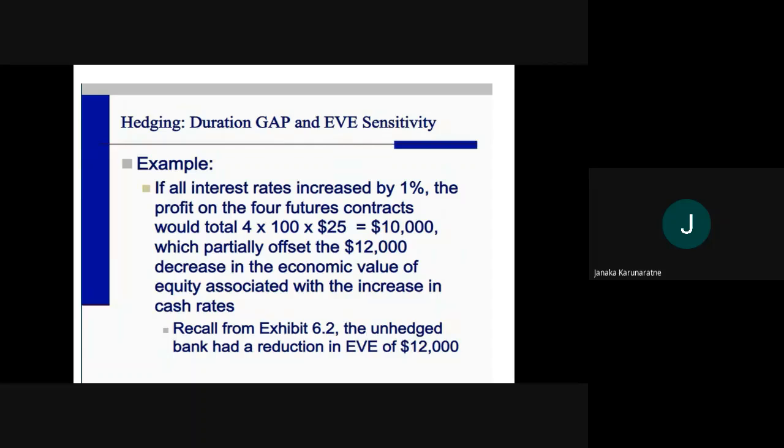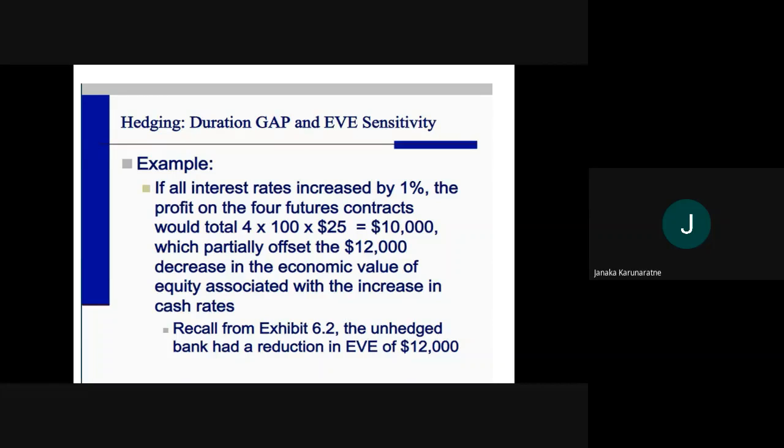So basically, you can partially cover your position by selling 4 euro-dollar futures contracts worth $1 million, so that your loss of $12,000 will be partially set off by a gain of 10,000. With the sale of futures contracts, your loss will be minimized to a $2,000 level.